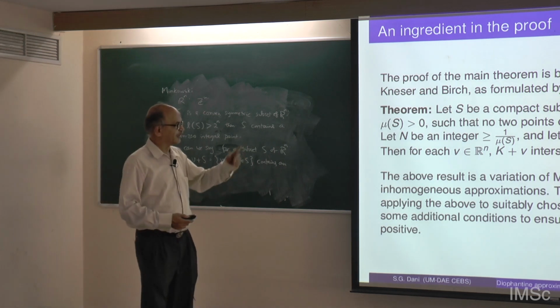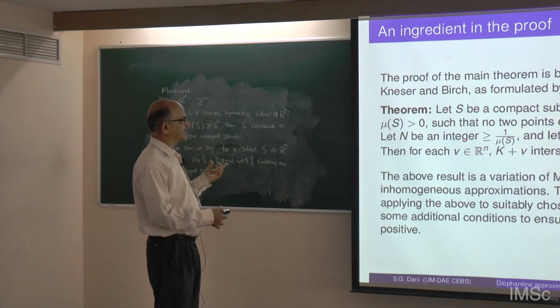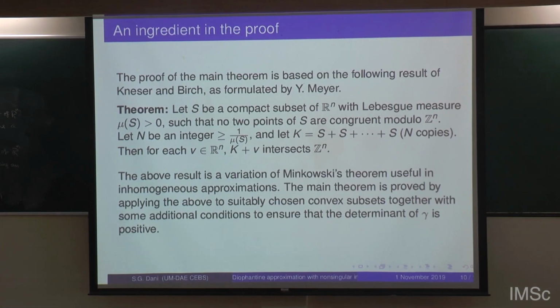Let me, since I already have it in this form, describe the general construction of sets for which such a conclusion holds. Now let S be a compact subset of R^n with Lebesgue measure mu of S greater than 0.